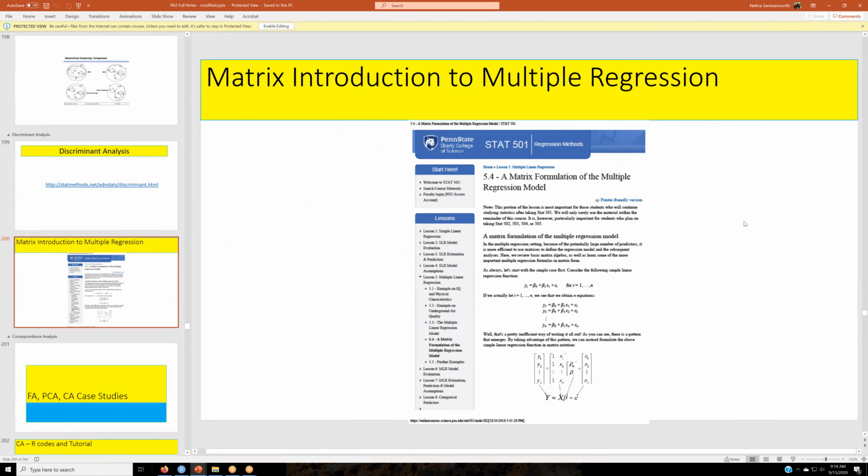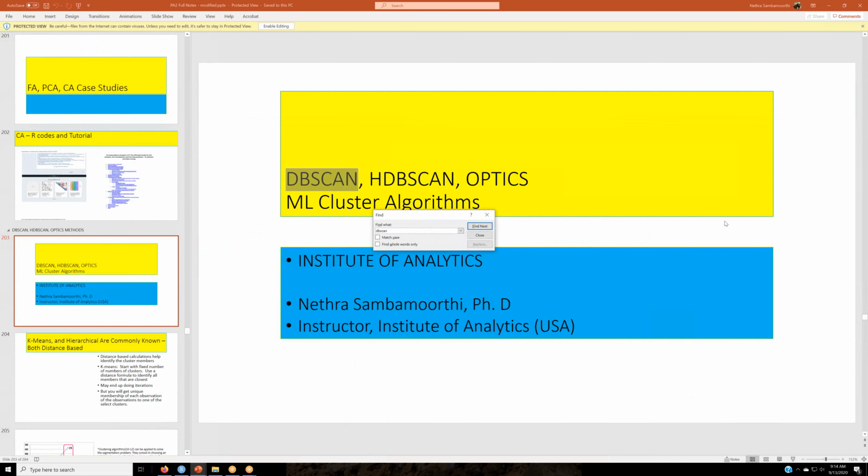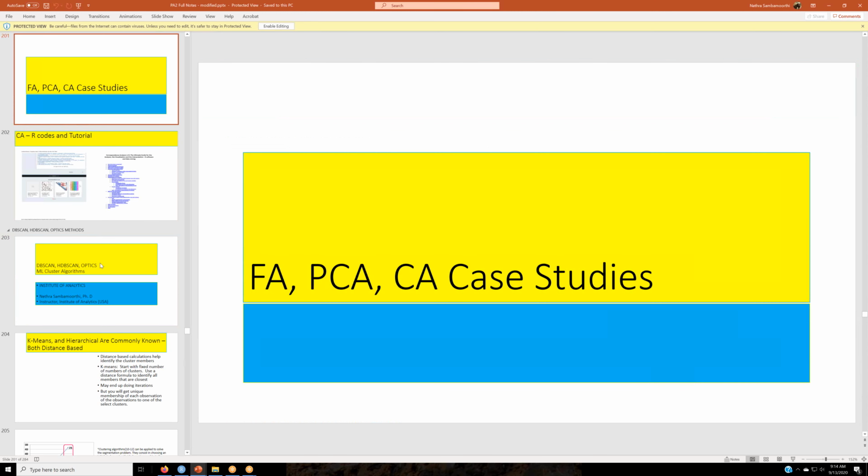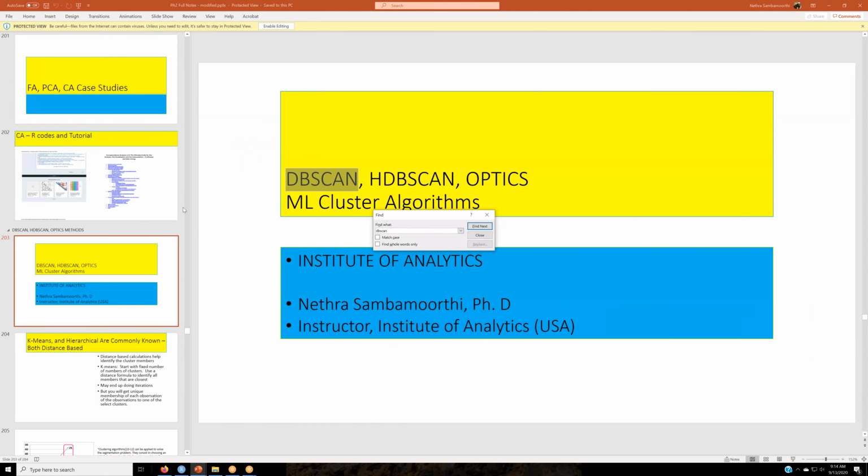I want to introduce a third category of clustering method, very powerful, the latest method, because it uses a totally different concept. The concept here is how densely the points are coming together. That's what the method is.